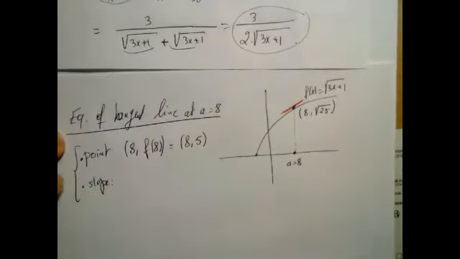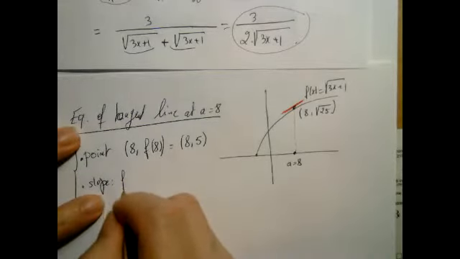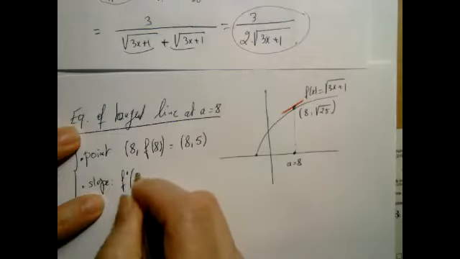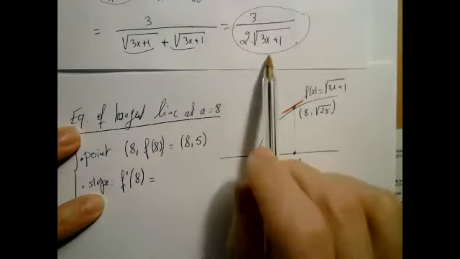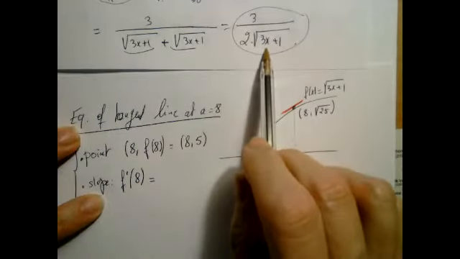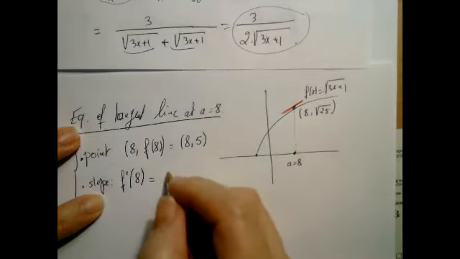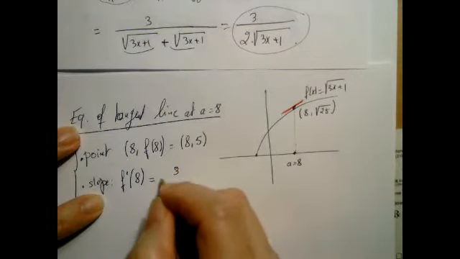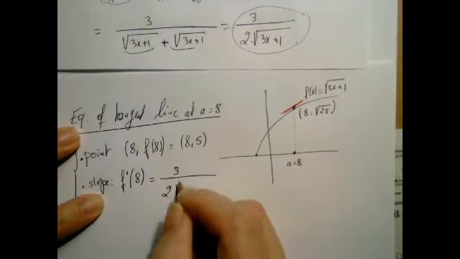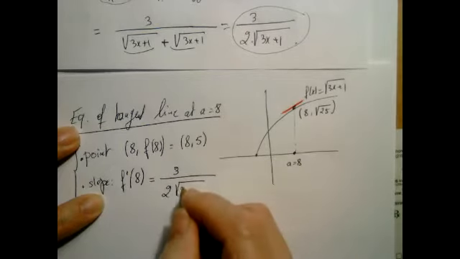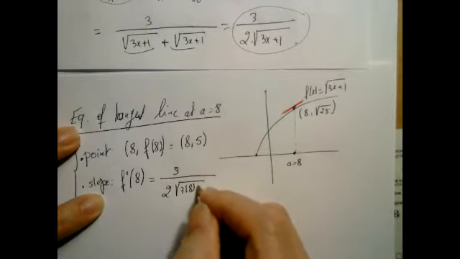I have the point. Now the slope. The slope is the derivative at 8. So instead of x here, I'm going to put 8. This is going to give me 3 over 2 times the square root of 3 times 8 plus 1.